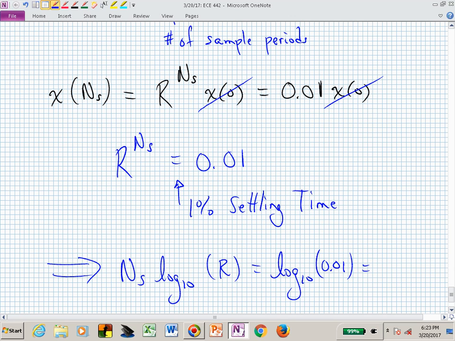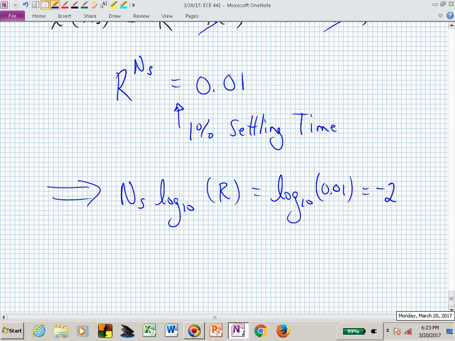Logs are exponents, and that's why we like to look at 1%, because we can take the log of 10 to the minus 2 quite easily, instead of the log base 10 of 0.02.